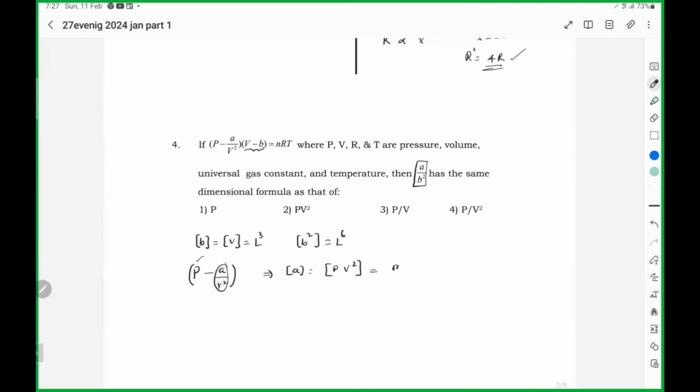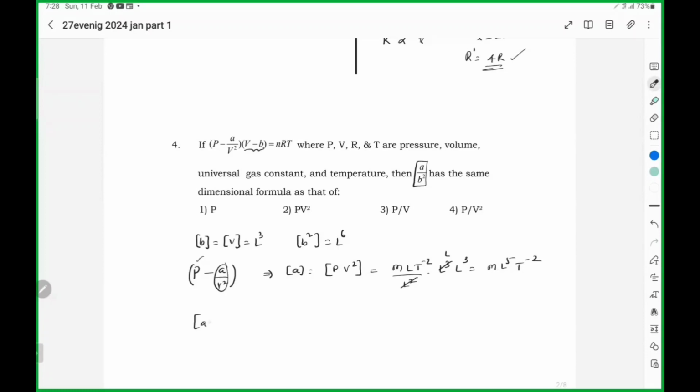Here pressure is force per unit area, and volume is L cube, so L cube into L cube because V square is there, giving m L power 5 t power minus 2.